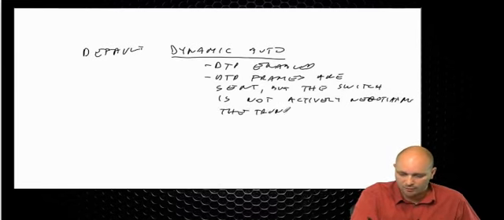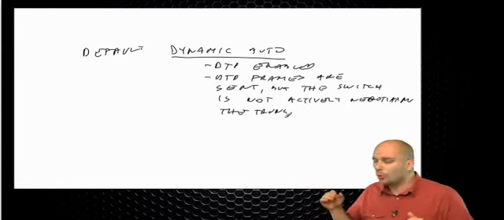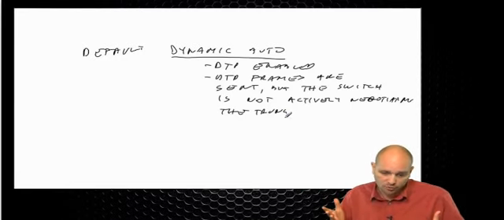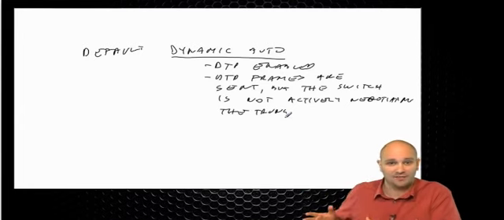Now, this might sound a little bit confusing, and I wouldn't blame you for that. So I'm saying here that DTP is enabled on dynamic auto, and the DTP frames are actually sent out when the switch is not actively negotiating the trunk.